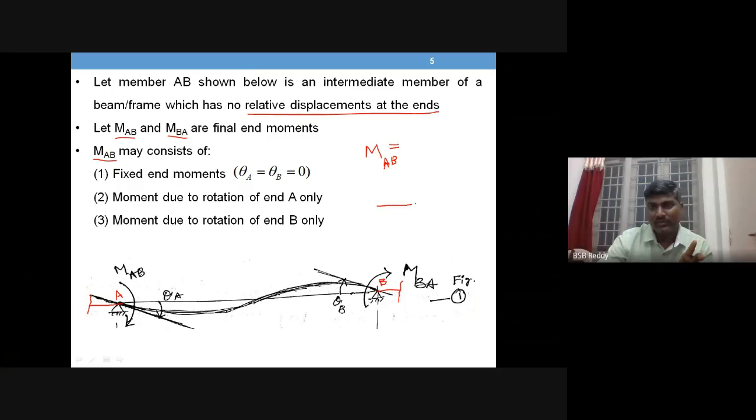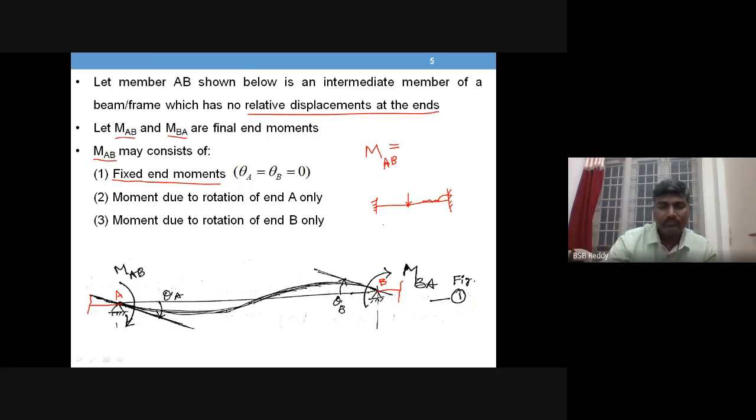Means what? You arrest the rotation at A and B, take only the given loads on the member, and now you calculate moments. That is what we call fixed end moments.